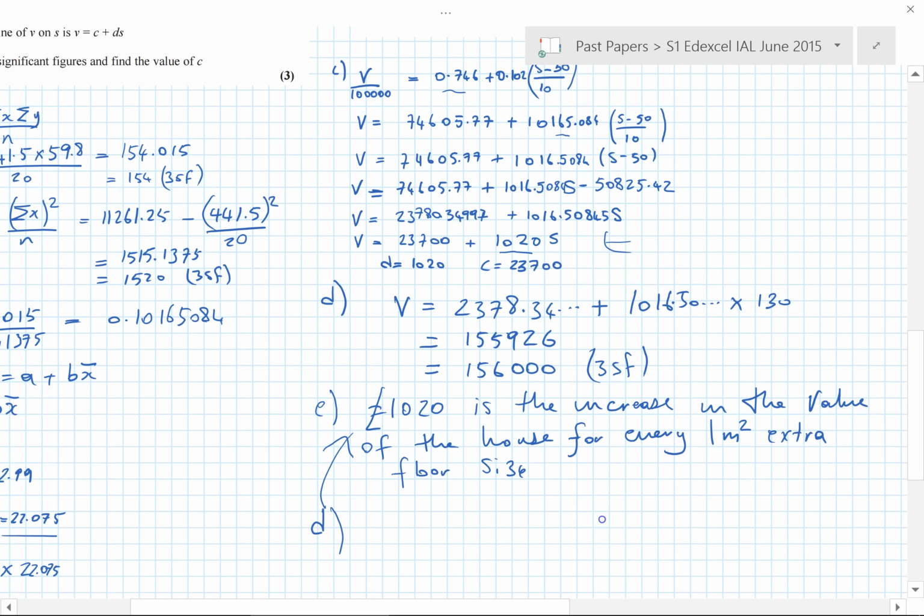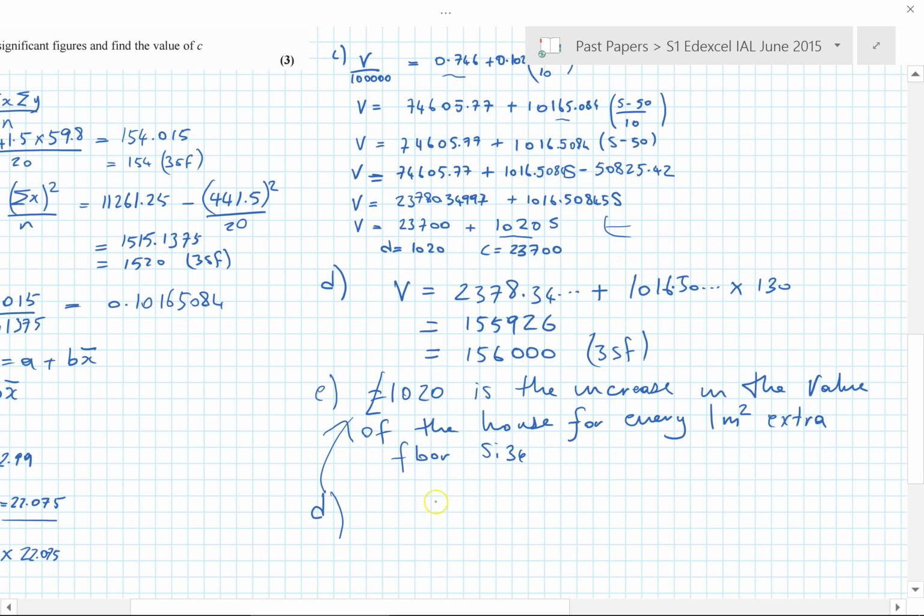So all we have to do is 31 times this increase here, 31 times 1020, because for every 1 meter squared extra, you get this amount extra in value.